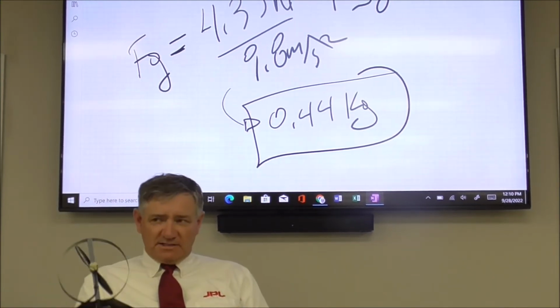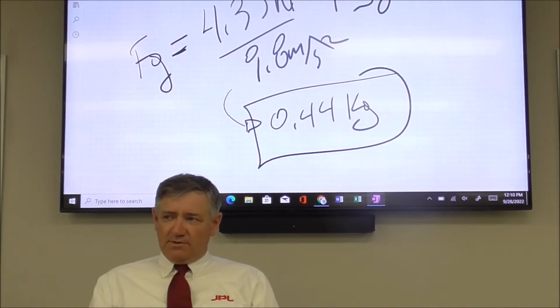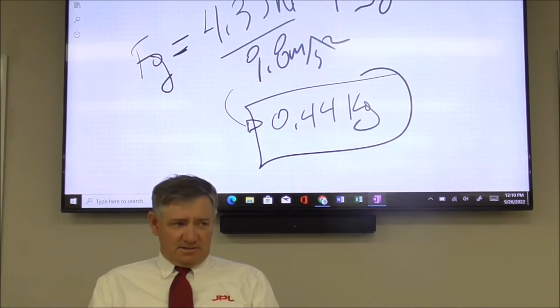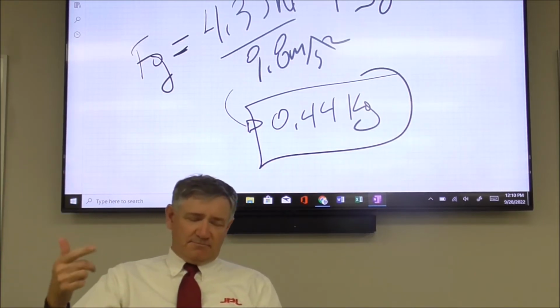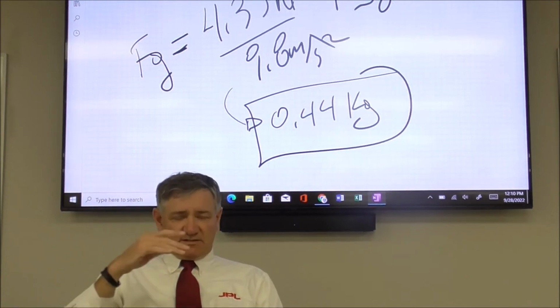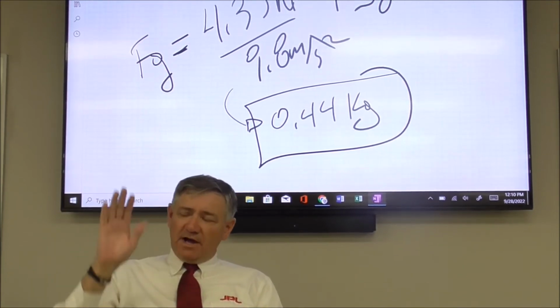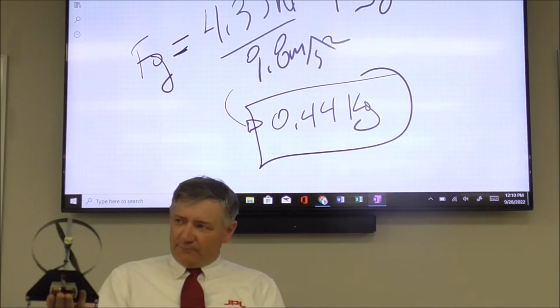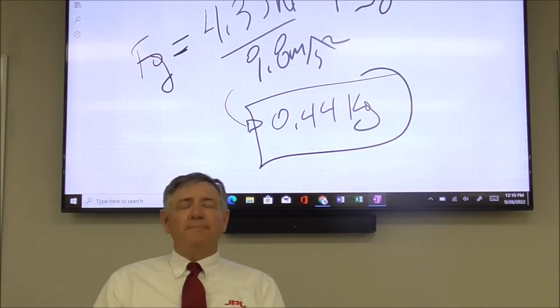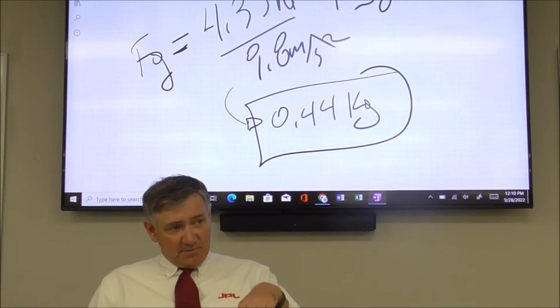is it going to have the exact same mass on the moon? Yes, because mass is a measure of stuff, which is an imprecise term. So on the moon it's still going to have a mass of 0.44 kilograms. Will it weigh the same on the moon?